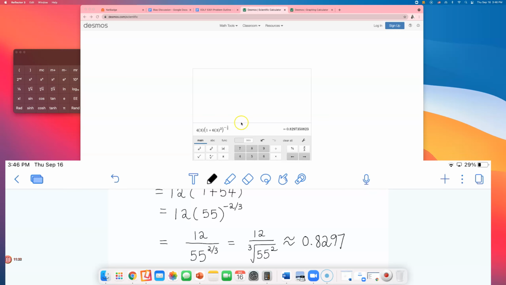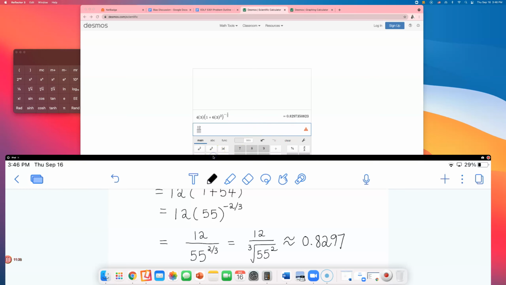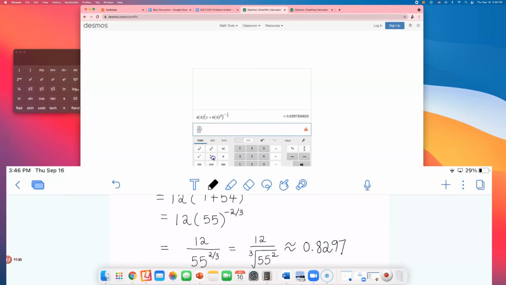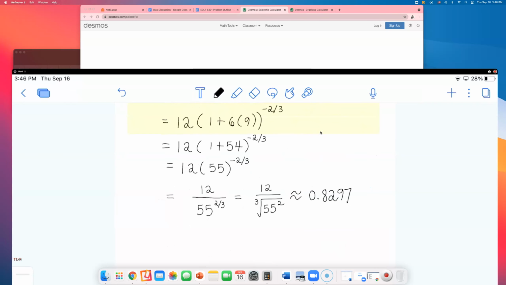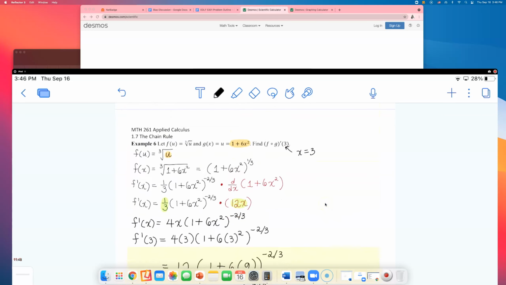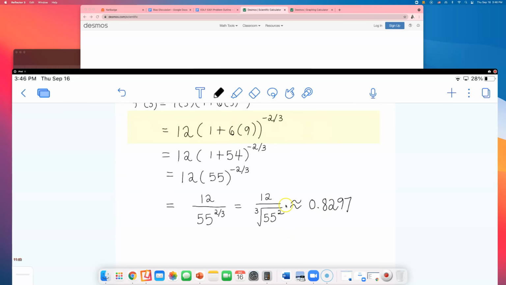Just out of curiosity, let me double check my work. I want to see if 12 divided by the cube root of 55 raised to the 2nd power will give us the same decimal. Yeah, so it's the same thing, but I do wonder if your homework was asking for a decimal rounded to a certain value, because this wasn't just going to be a pretty number.